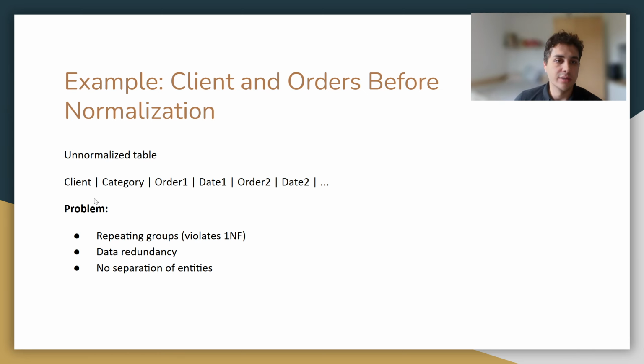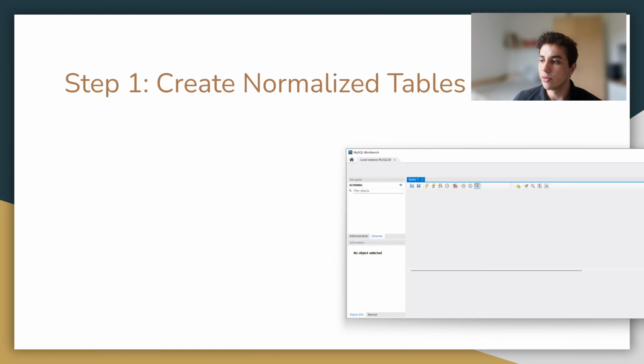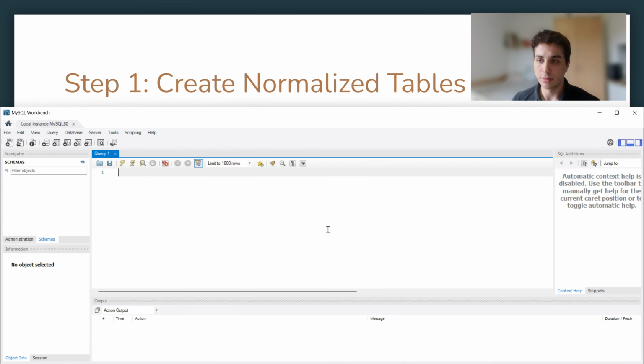Let's say we have client, category, order, date, and it's not a normal table, and it has some problems like repeating groups, data redundancy, and no separation of entities. And I want to show you how we can normalize these tables using SQL.